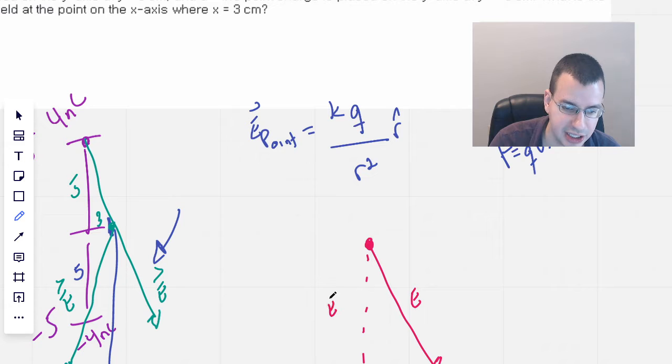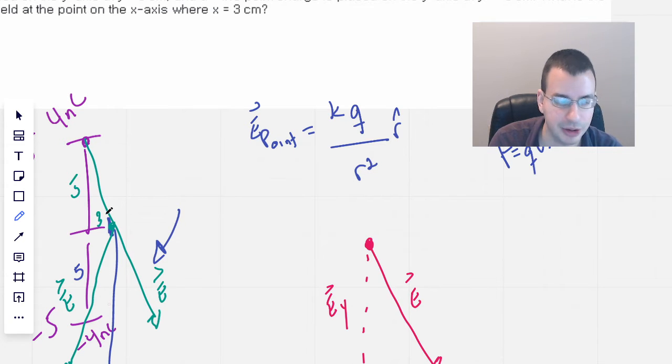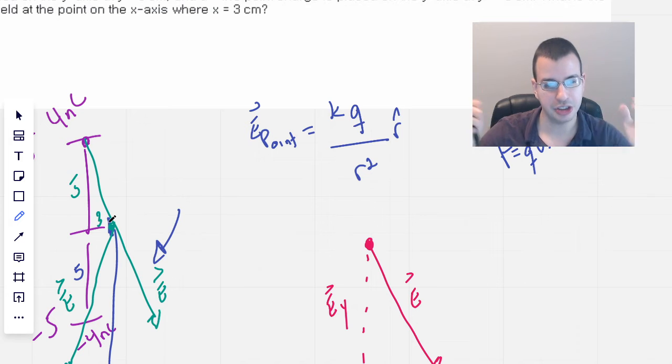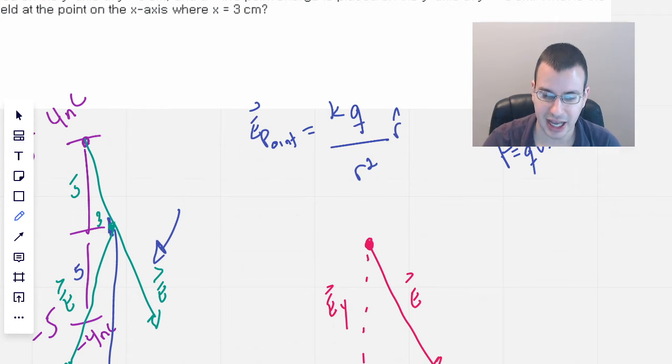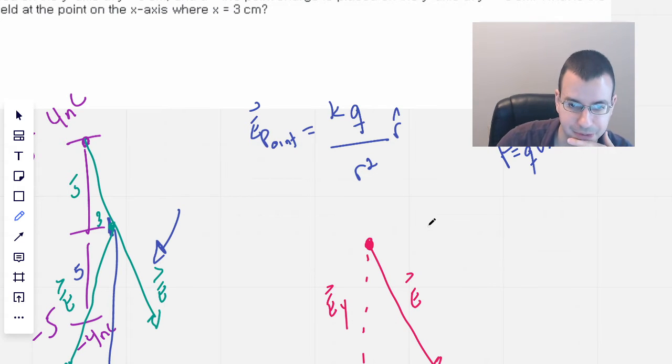I'll call this EX. Nope, that should be EY because it's vertical. EY, EX, and these will be vectors. Since these are symmetrical, the -4 and the +4 charges, the EX components are going to cancel out. So all I want to do is find the EY component here.